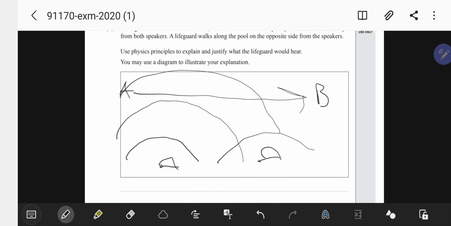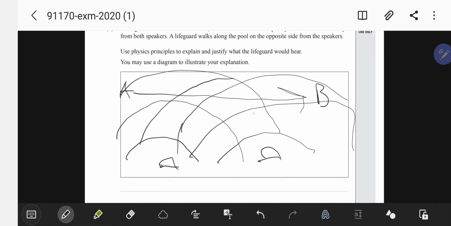So there's going to be constructive interference and destructive interference. What can I say?